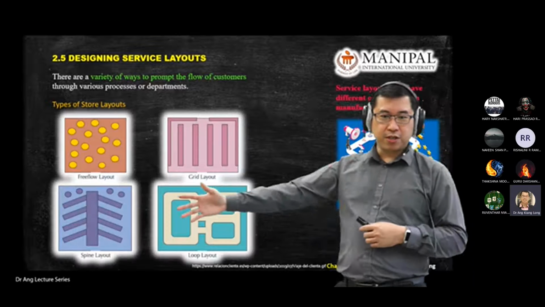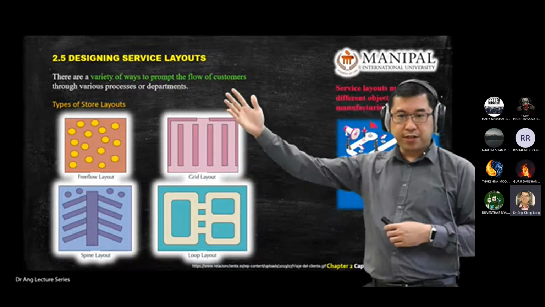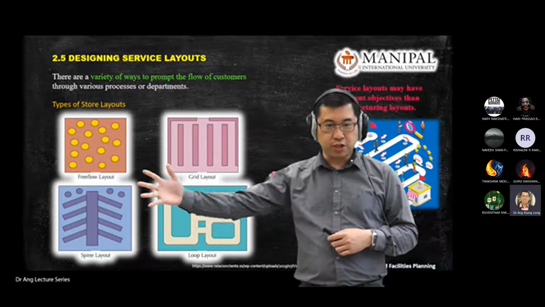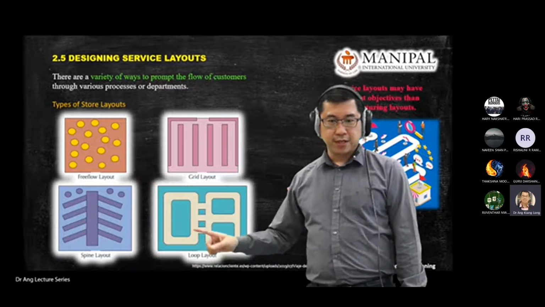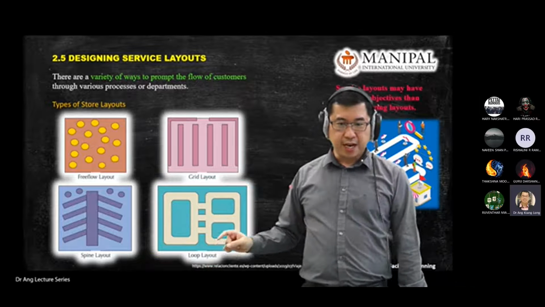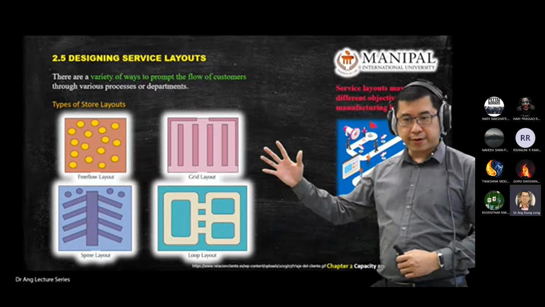So you have a lot of different types of store layout that you can choose under service layout. We have the traditional four layouts. First, free flow. Second, grid layout. Third, spine layout, and loop layout. Look carefully at the diagram.